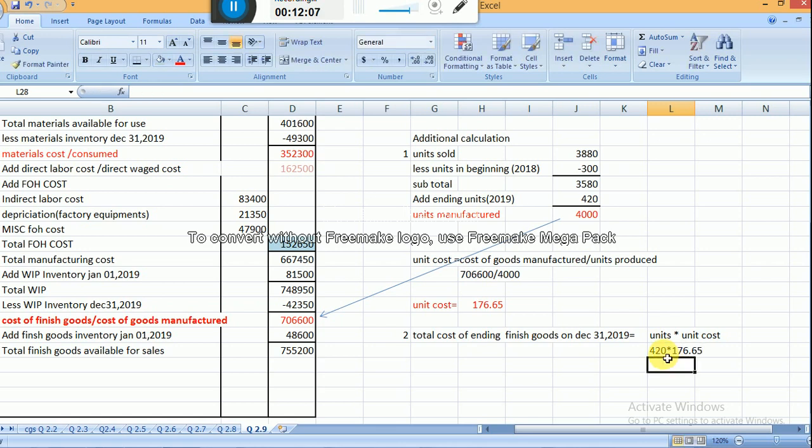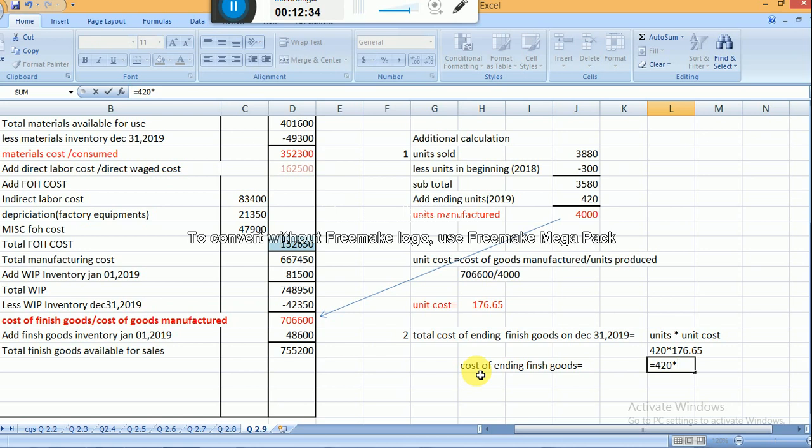So the cost of ending finished goods equals 420 units multiplied by unit cost.